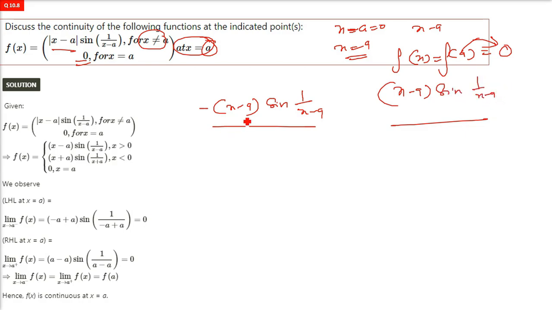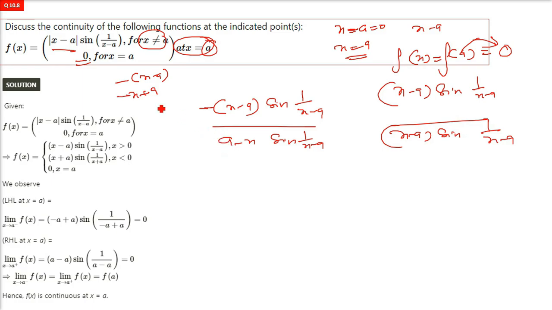Okay. Now we have to put x as what? Since we have to find out the limit, and that also has to be checked at a. So minus x minus a can be written as minus x plus a, minus x you can write. Sine 1 by x minus a. This is just a way to write. You can continue with minus x minus a. So x minus a sine 1 by x minus a.